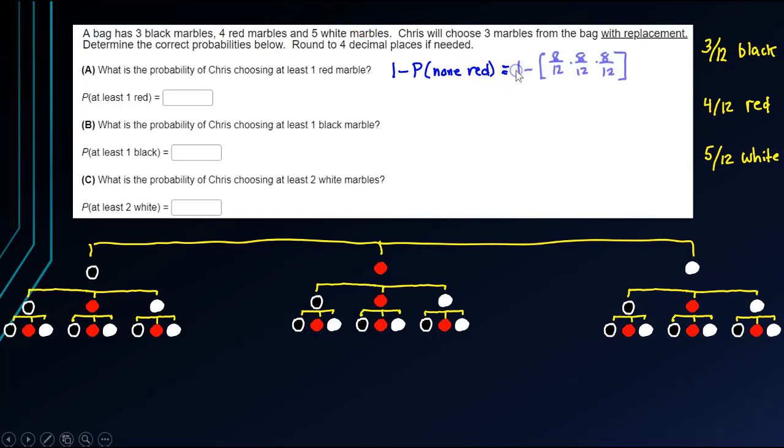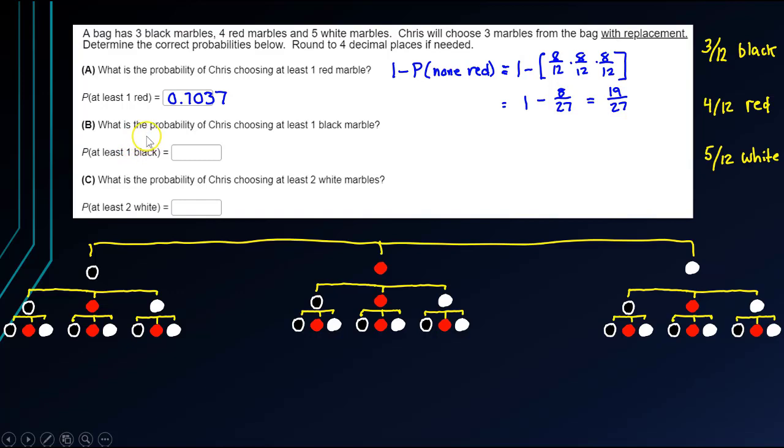So it's going to be 1 minus 8/12 times 8/12 times 8/12, because each time I draw one, I have an 8 out of 12 chance of pulling not a red. That's 8/27, and 1 minus that is 19/27, which is about 0.7037. So that's the probability of choosing at least 1 red marble.